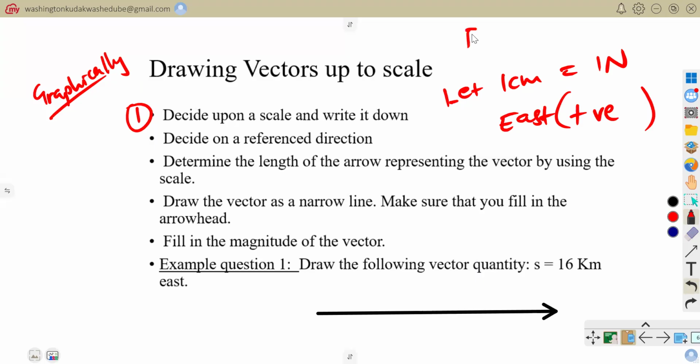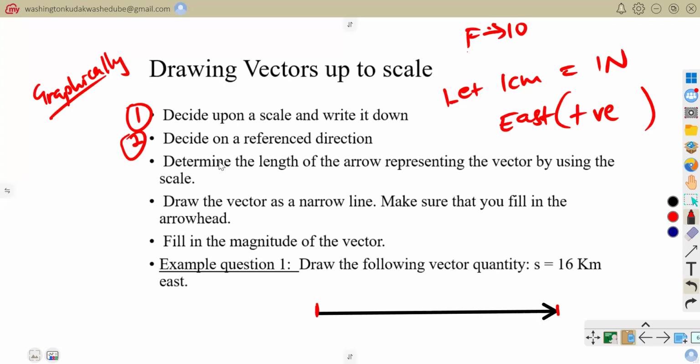So if I've got a force of 10 newtons towards the east, I would know that my arrow would be pointed towards the east, so that I would measure my length starting from the tail to the head. Once I know this total length, then I can know the magnitude. But I already know the direction. So you decide on the reference direction.